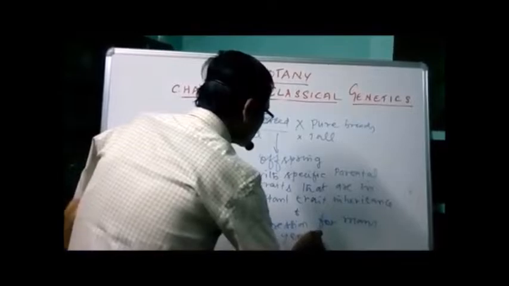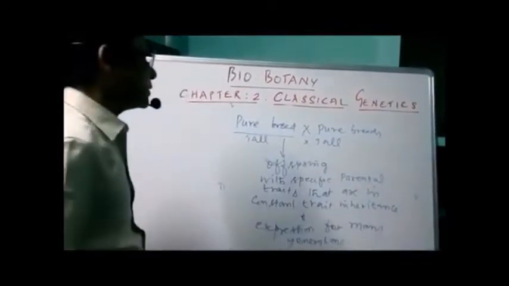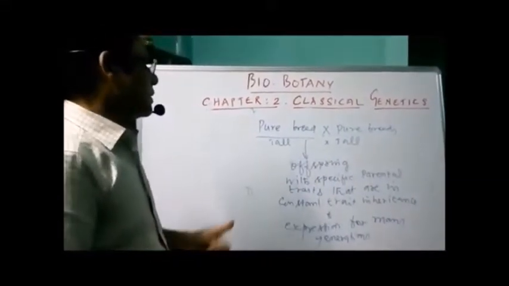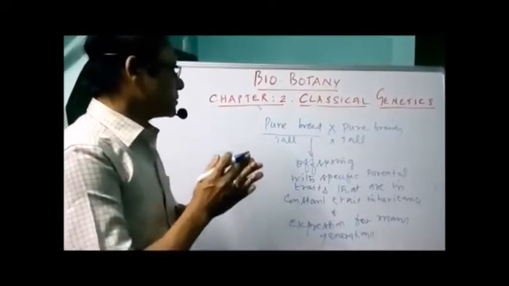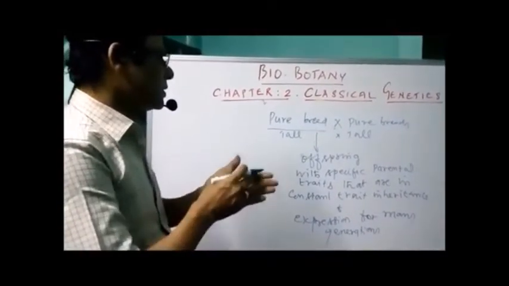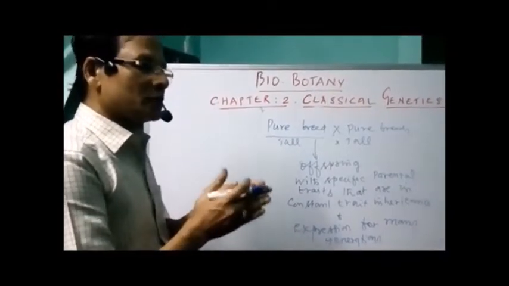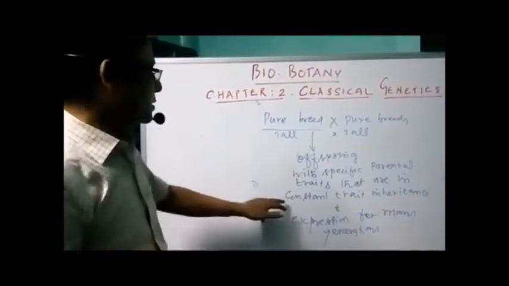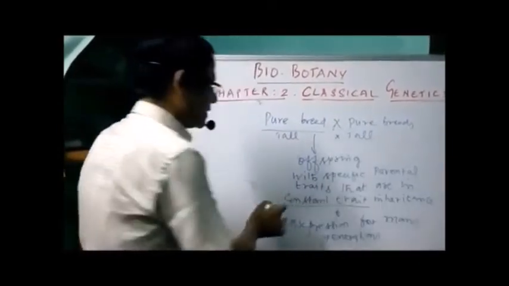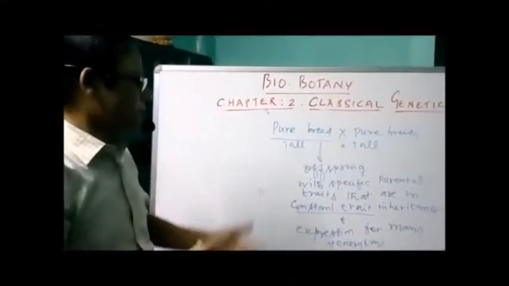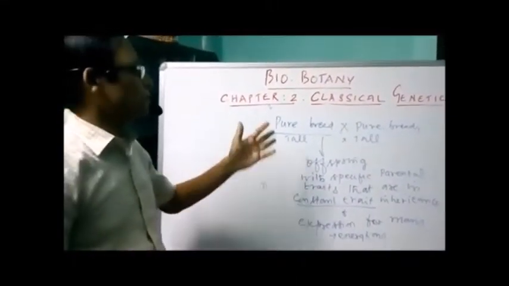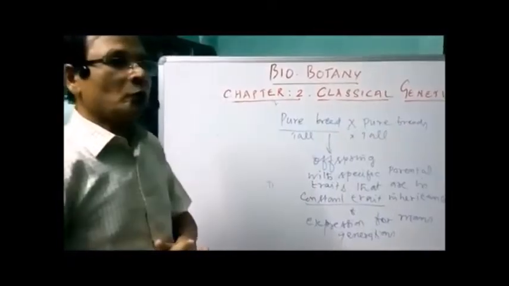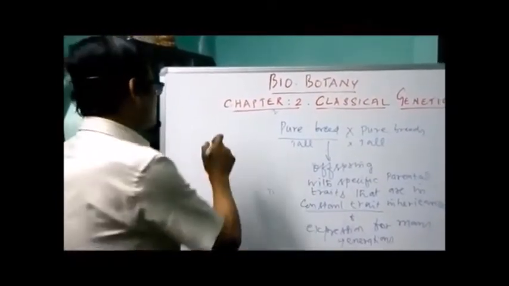Constant trait means the same stable trait inheritance and the expression of the same character for many generations. Here the constant trait is nothing but the tall character. It is being inherited and expressed for many generations. That is called a pure breed. This is one example. Now, a pure breed always results in homozygosity.